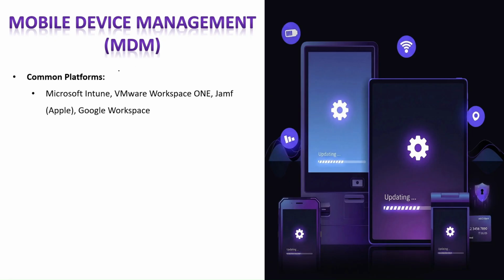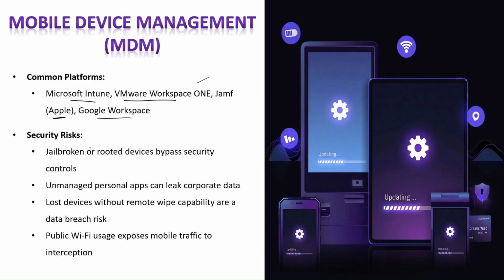Common MDM platforms include Microsoft Intune, VMware Workspace ONE, JAMF from Apple, and Google Workspace. Some security risks with mobile devices include that they may be jailbroken or rooted, and such devices can bypass security controls, including those of the MDM.